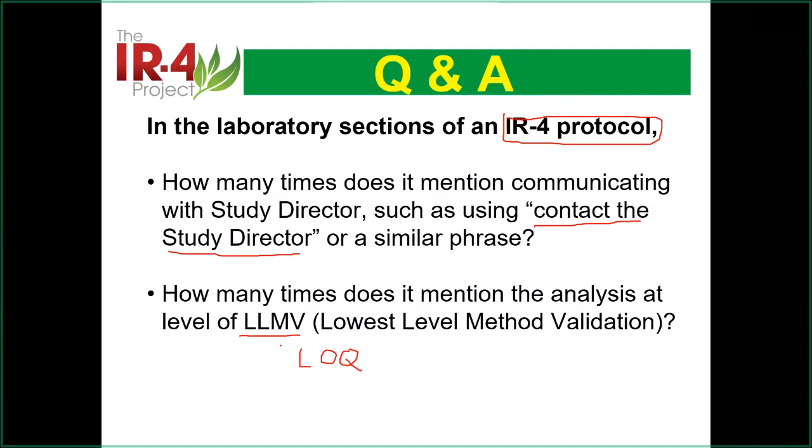LLMV stands for lowest level method validation. Somebody replied there, 15. That's a good number. It's a little bit different from what I calculated, but we'll figure that out. I'll tell you the number later.